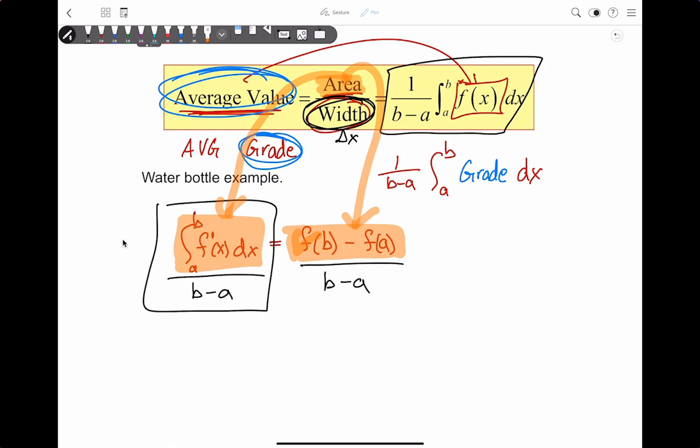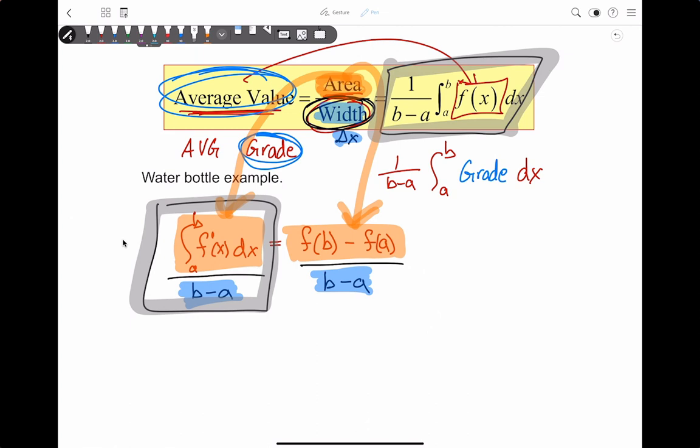You should start seeing where this comes from. Again, that width is the jump of that delta x, and that's simply dividing by that jump. So in this average value function, all of this is representing the average value of position in this case.